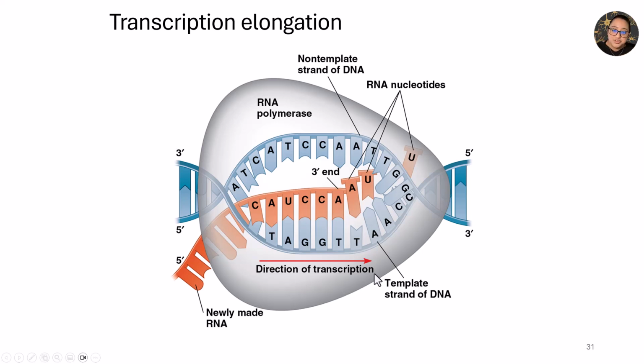The template strand is going to be going 3 to 5 prime because it has to build the new RNA 5 to 3 prime. It has to add the nucleotides at the 3 prime end. And then the base complementary rules: if there's a T, you put an A. If there's an A, you put a U because this is RNA, and so on.